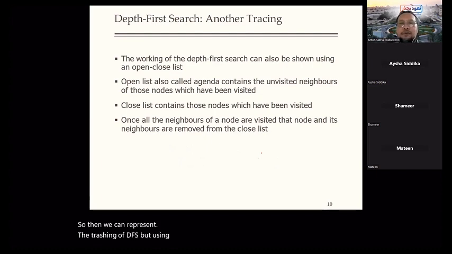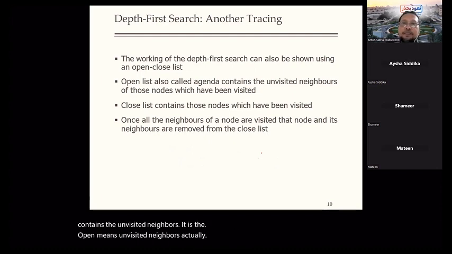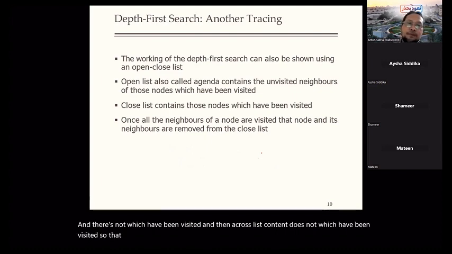An open list, also called agenda, contains the unvisited neighbors. That is the open. Open means unvisited neighbors actually, and then a closed list contains those nodes which have been visited. So that is the closed list.